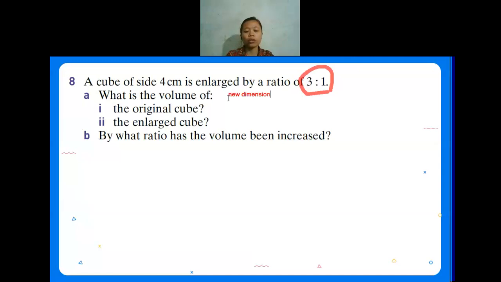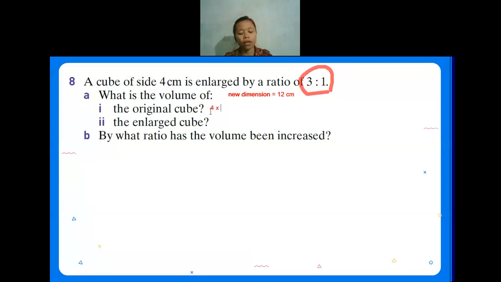Is there anyone who gets confused if I write 12 centimeter? No? Okay. So what is the original volume of this cube? 64. Okay.